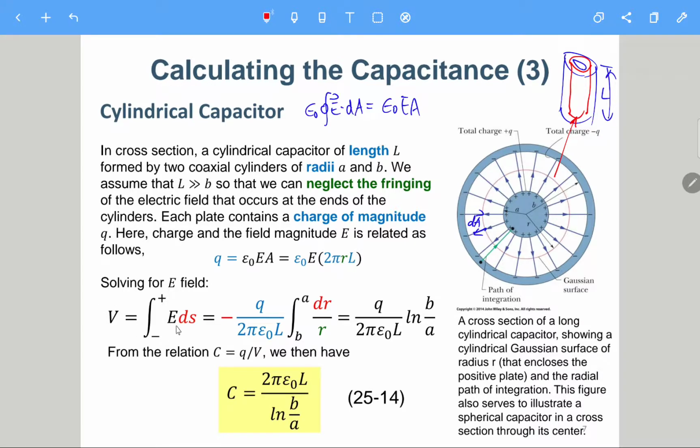And then similarly, we have V equals the integration of E ds from the negative side to the positive side.